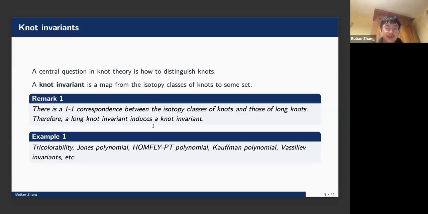A knot invariant is a map from the isotopic classes to some set, be it polynomials, values, numbers, or even sets, etc.